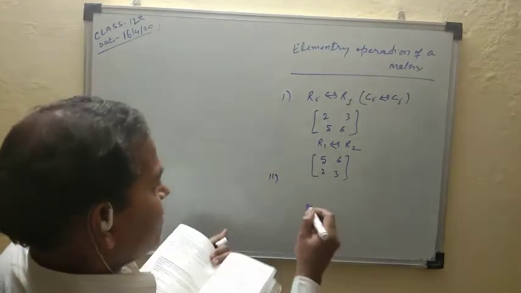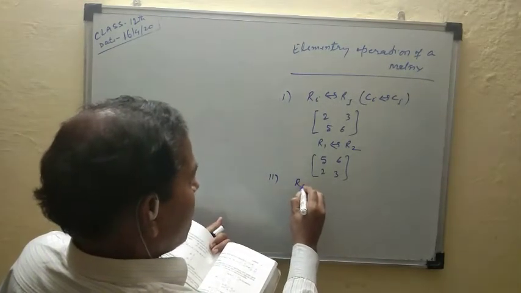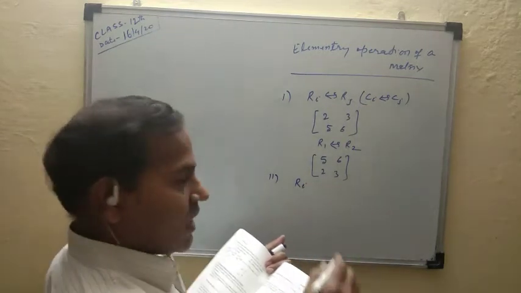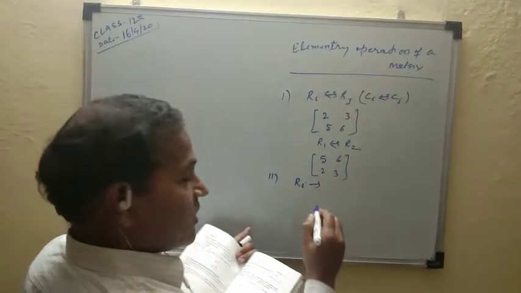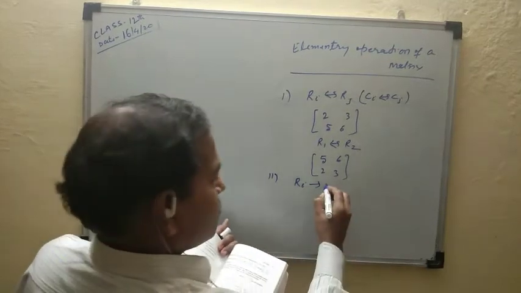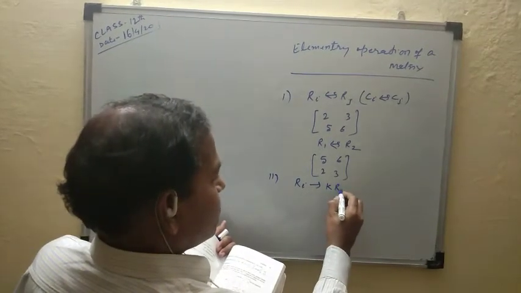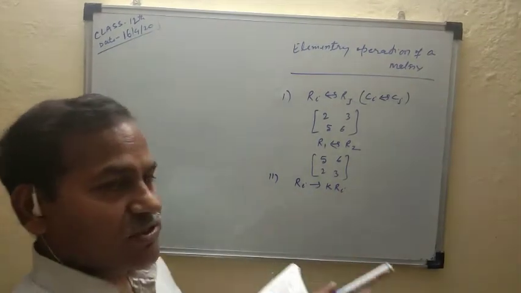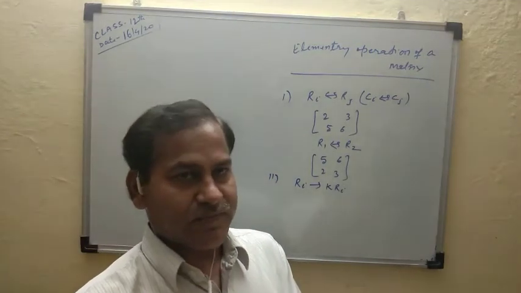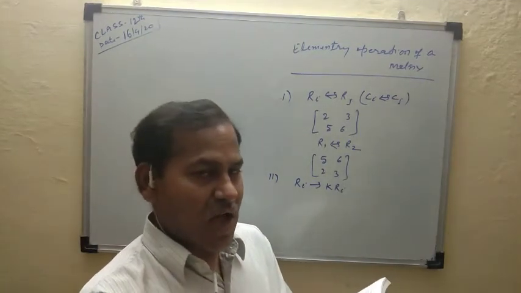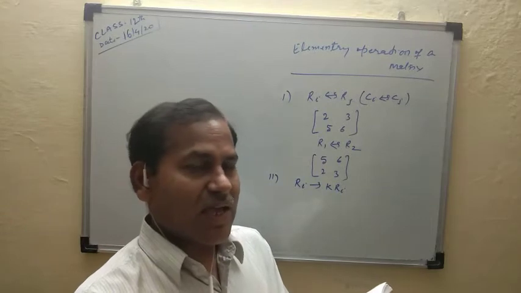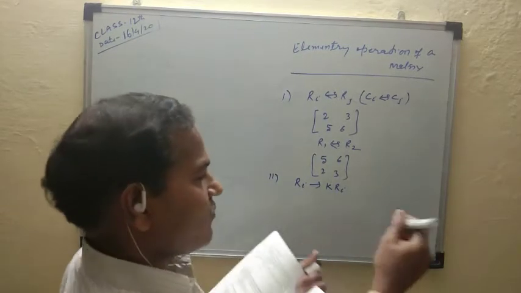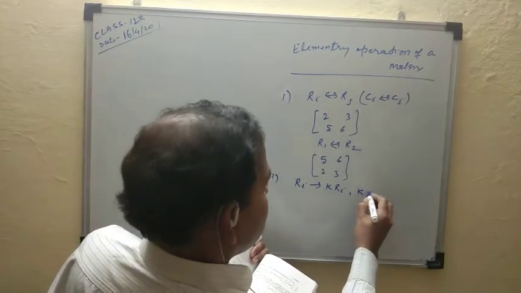That is, suppose Ri is any row and we multiply by any non-zero real number k, then Ri changes to k into Ri, where k is non-zero.